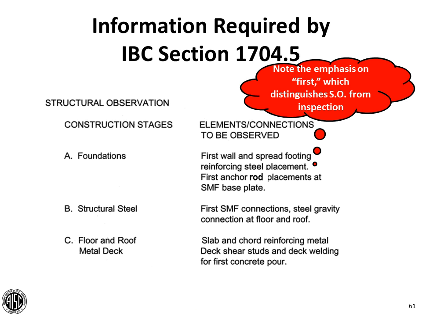For example, the first of the special moment frame connections, so that they go out there, they look at them, and then the assumption is, and then the inspector can enforce it, that they have understood what was intended, and those things can then be constructed without having the structural observer having to come out time and time again to review basically the same thing.